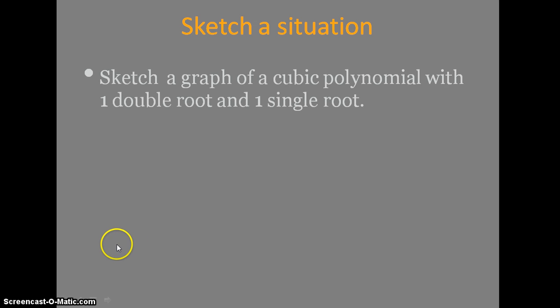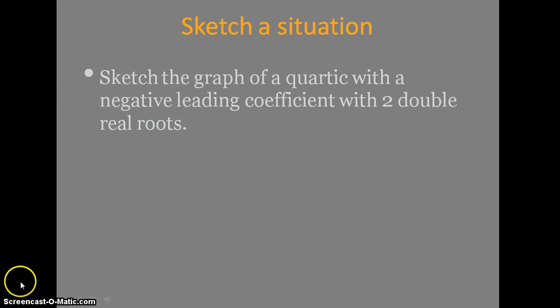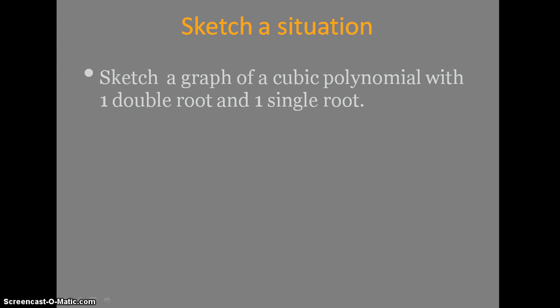All right, let's see if we can sketch a situation. If I can get my pen to work. All right, so if we're sketching the graph of a cubic polynomial, we would start with maybe an x and y axis, and we want to figure out the possibilities of our cubic. We've learned that cubics could either look like this, or they could look like this.